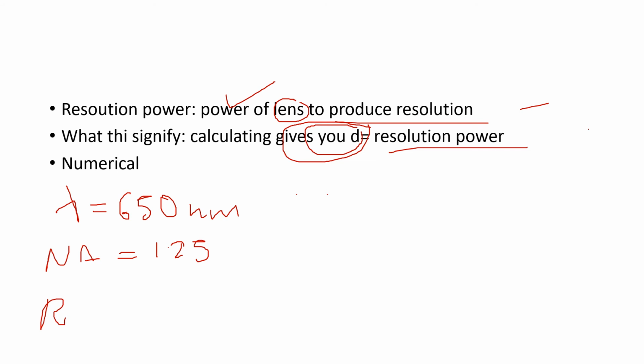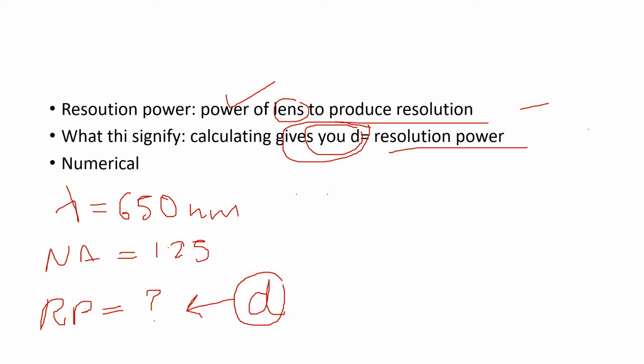Now I'm asking you to calculate resolution power. What do I mean by that? I'm asking you to calculate how far apart those two objects are. Basically, I'm asking you to calculate d, because the smaller the d, the greater the resolution power. So you calculate d, and that's how you calculate resolution power, and it will be in a distance unit.